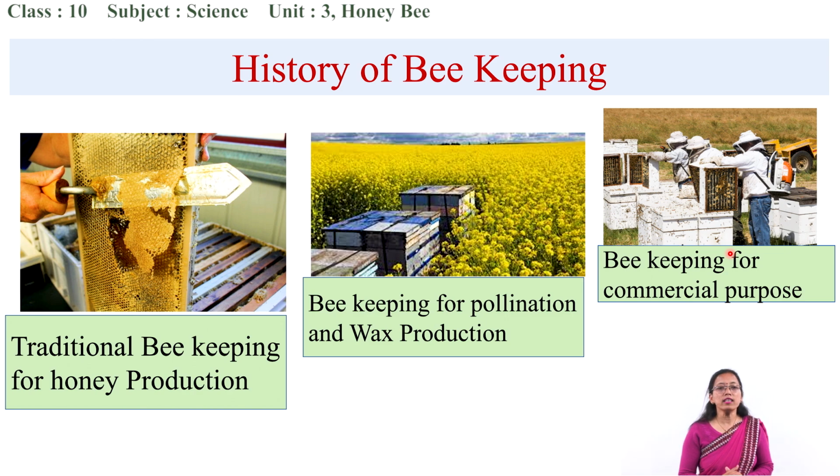In this way, beekeeping is passing through different phases. Now it is cultivated commercially for different purposes and for earning more money. That's why it is kept as commercial beekeeping.